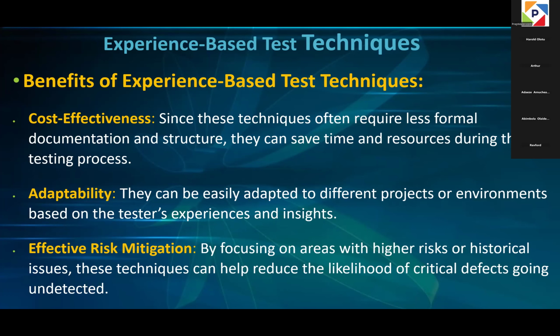So, effective risk mitigation: by focusing on areas with higher risks or historical issues, these techniques can help reduce the likelihood of critical defects going undetected. And that is what experience-based testing is all about, because you are like the user of that particular application, and you're so experienced when it comes to usability testing because you're always interacting with that application.